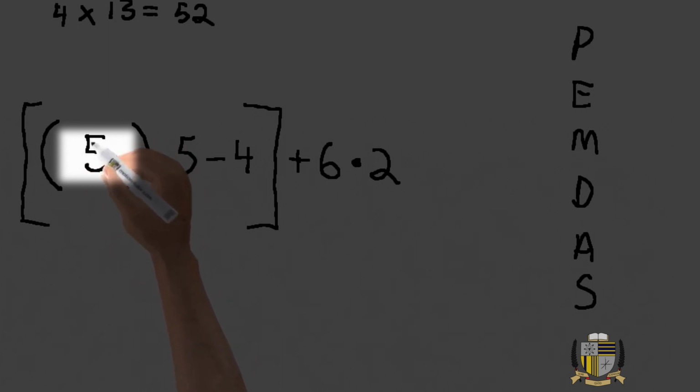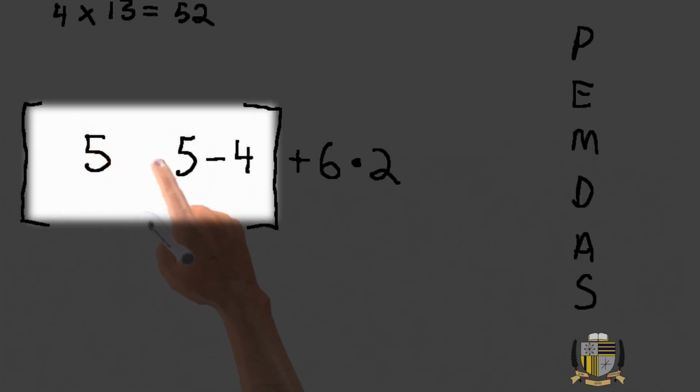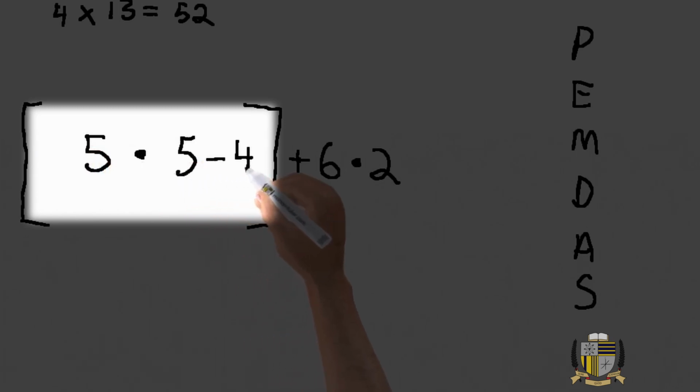And we're done with that inner parentheses. So I'm going to erase it. So it's a 5. Let me write this a little better. It's a 5 times 5 minus 4.